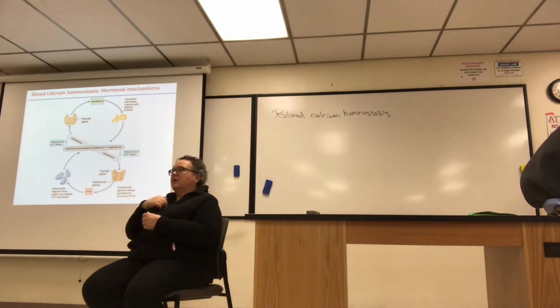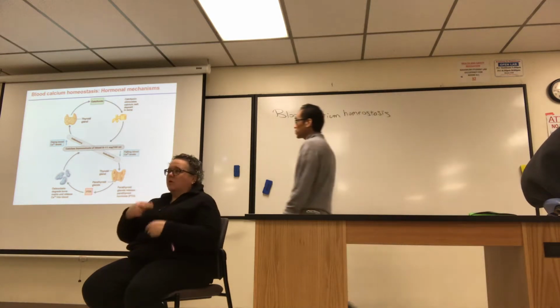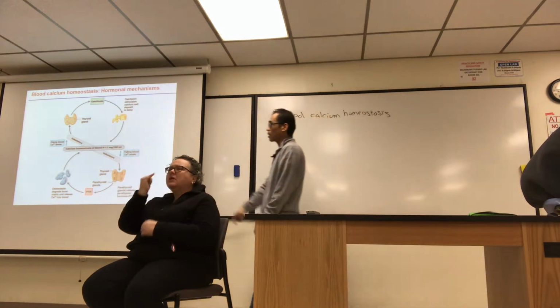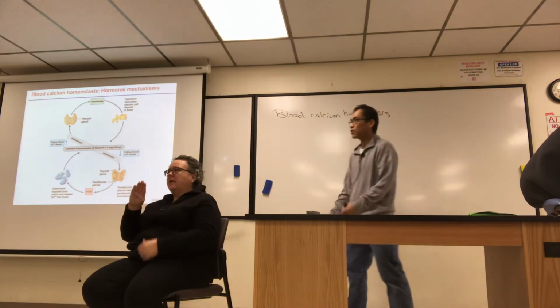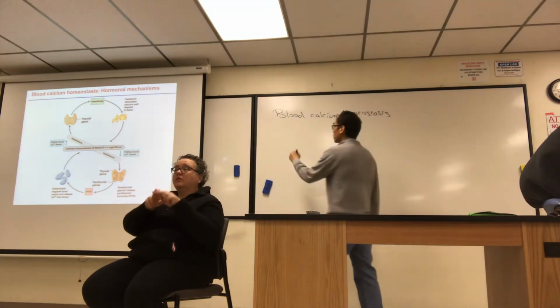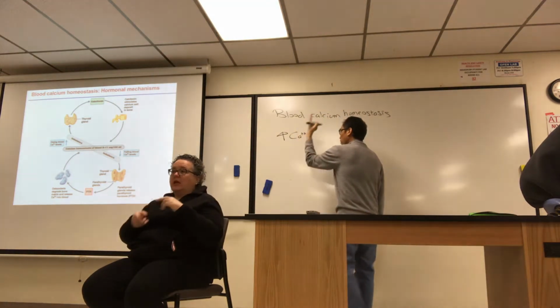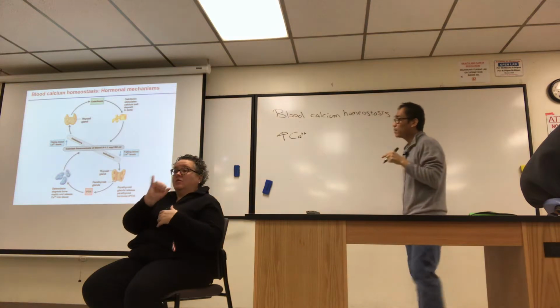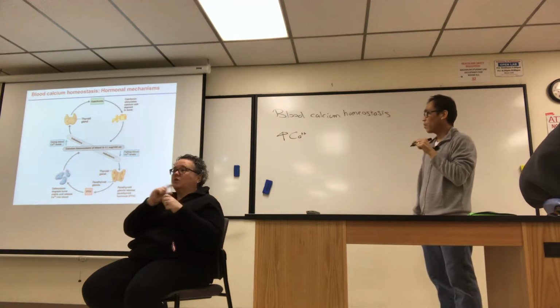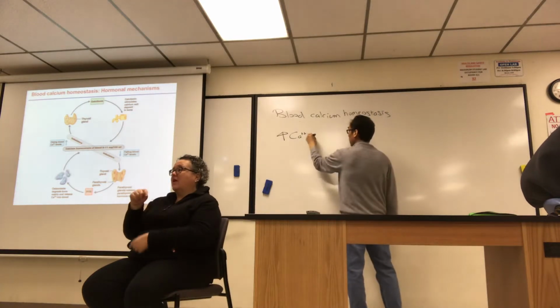Here's this figure here. Let's pretend the imbalance is the one on top, blood calcium. It's high. You eat leafy green vegetables, you increase your blood calcium from the food you eat. That's the imbalance. Increased blood calcium. So you want to take that calcium and deposit it in the bone. There's a gland called the thyroid.